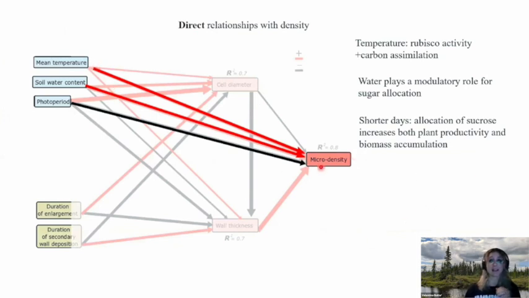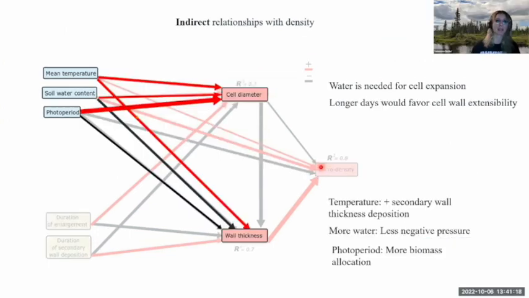This is because there is physiology in there, and not everything is related to cell anatomy. You have sugars moving, and that will respond to photoperiod, water content, and mean temperature. And you also have a portion of variability that is explained by indirect relationships, with environmental factors affecting cell anatomy, and finally affecting microdensity.